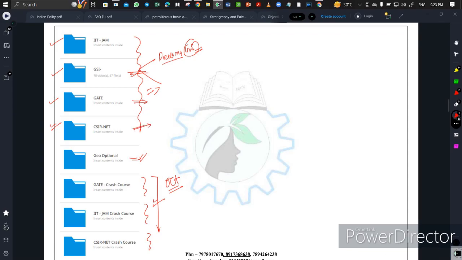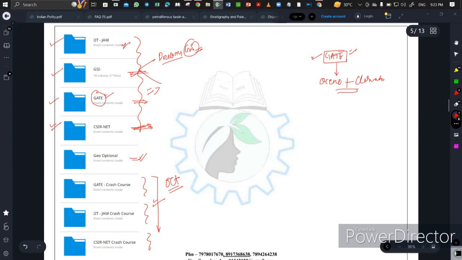All of you know in the GATE syllabus there are so many topics, and if we include oceanography and climatology, that will be included in the CSIR NET batch, because the NET batch constitutes more topics and subtopics than GATE. And IIT JAM is the only IIT JAM batch, no problem.